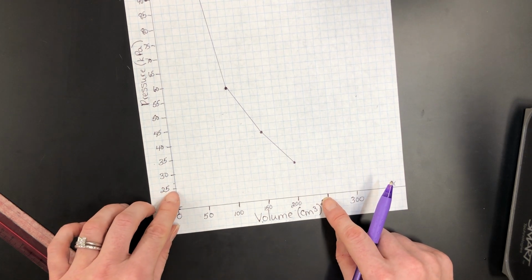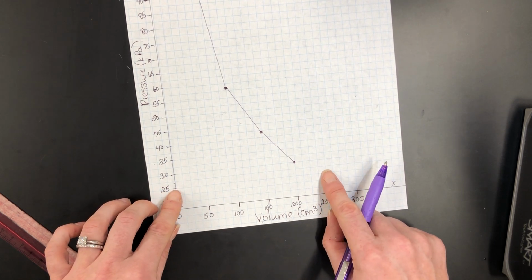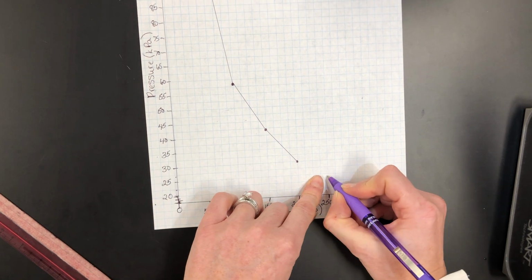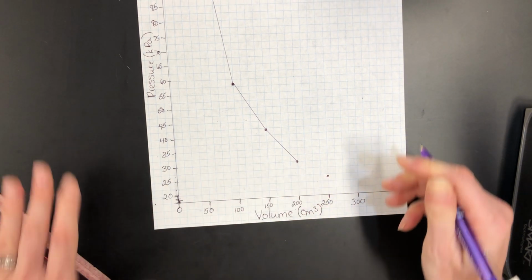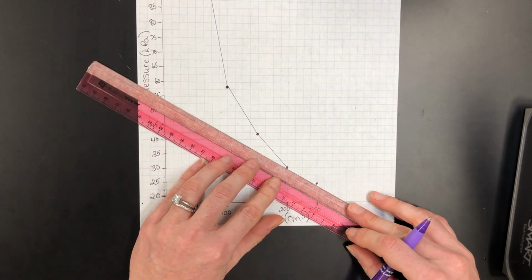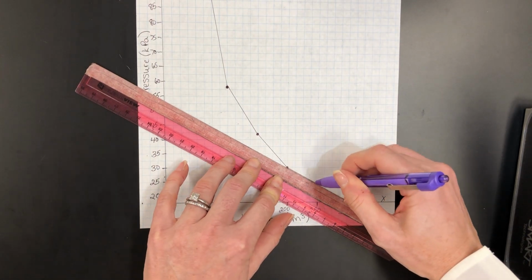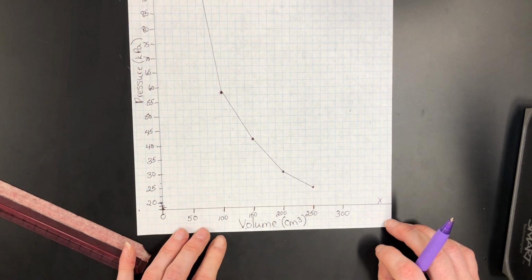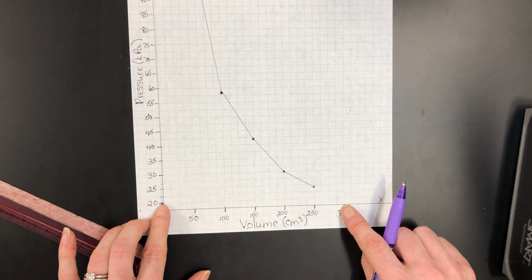There's 25, 24 would be just below that. And the last point is volume 300, pressure 20.